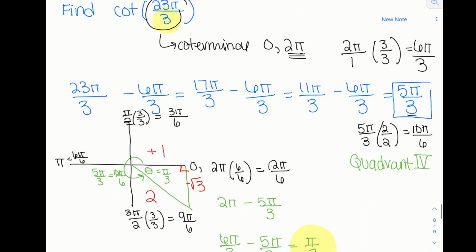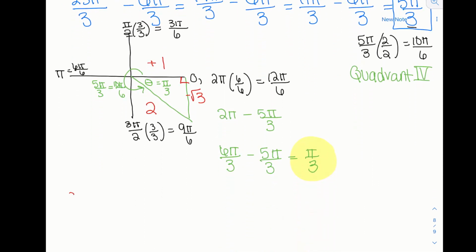What were we looking for? We wanted cotangent of this angle. So cotangent of 23 pi over 3. Remember that cotangent is equal to adjacent over opposite, or the reciprocal of tangent.